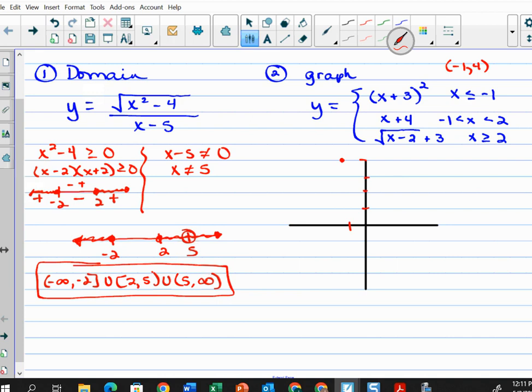If I look at the transformation of the parabola, x plus 3 quantity squared, where did it go? Which way? Left 3, right? That's where your vertex is. Does that fall in this x is less than or equal to negative 1? Yeah, so I'm going to plot my vertex over here at negative 3.